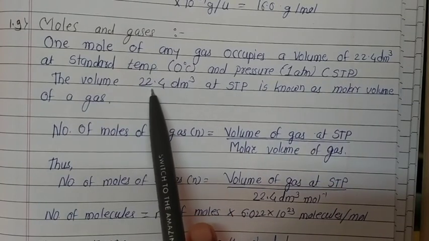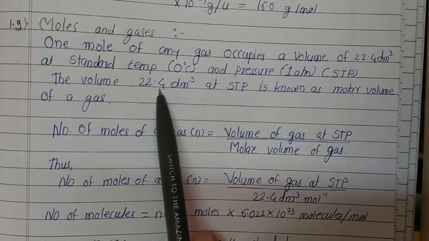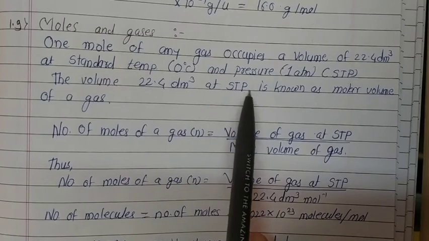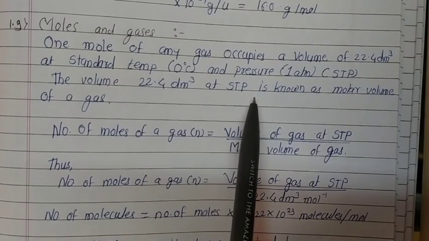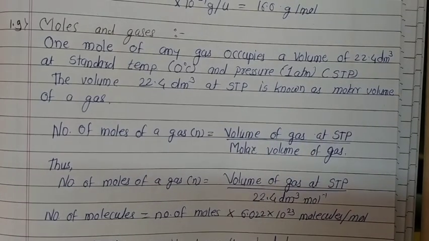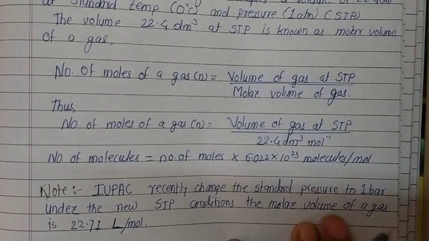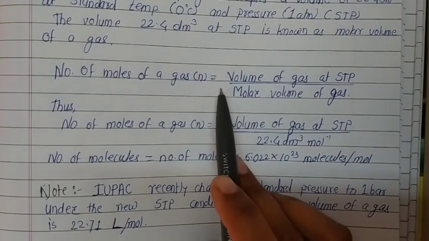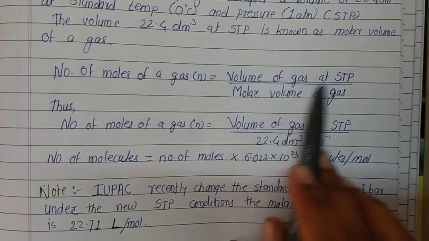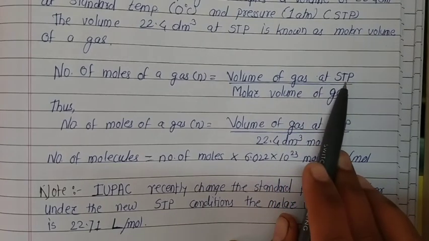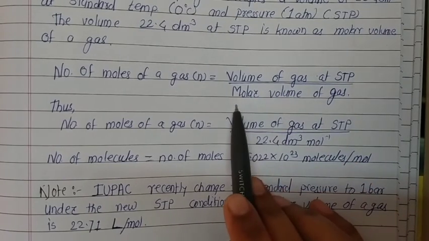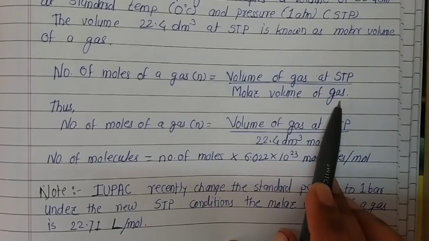The volume of 22.4 dm³ at STP is known as the molar volume. The number of moles of a gas, small n, is equal to the volume of gas at STP divided by the molar volume of the gas.